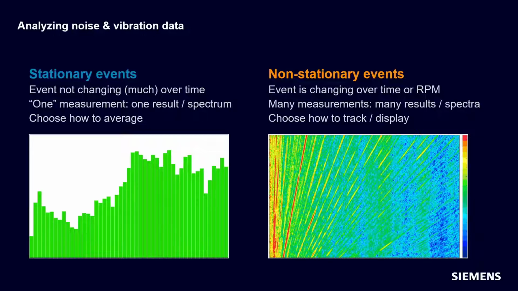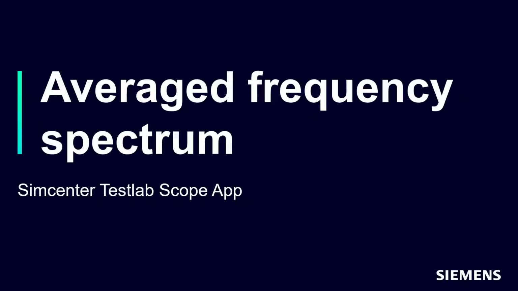That's one of our choices, but we end up with a bunch of answers or a bunch of frequency spectra that we then put into a sort of three-dimensional plot like you see here. We call this a color map. And then we also have the options to decide how we want to track or display this versus time or RPM. So those are some real basic choices we need to make up front.